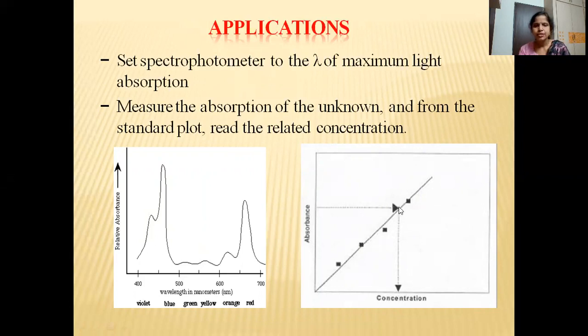Then draw a perpendicular onto the calibration graph line, and then down onto the concentration axis, that is the x-axis. Wherever the line touches the x-axis, that will be the concentration of the unknown sample.